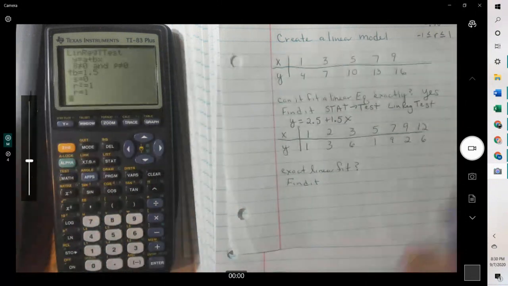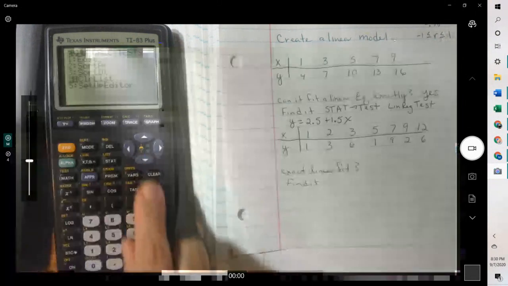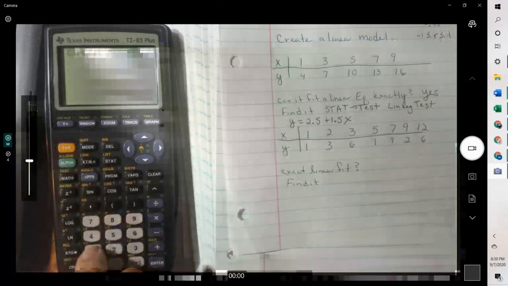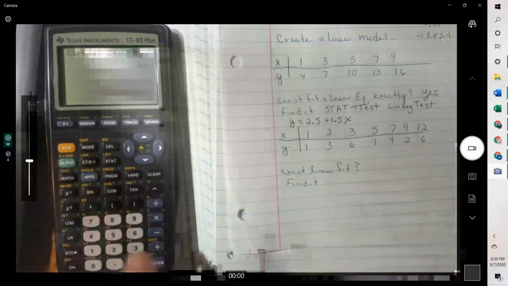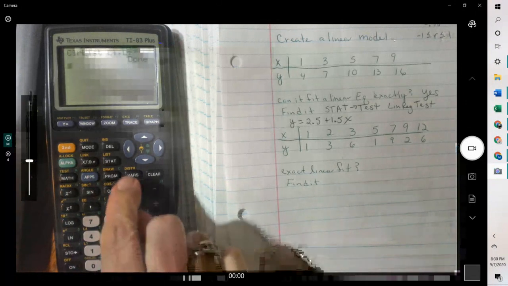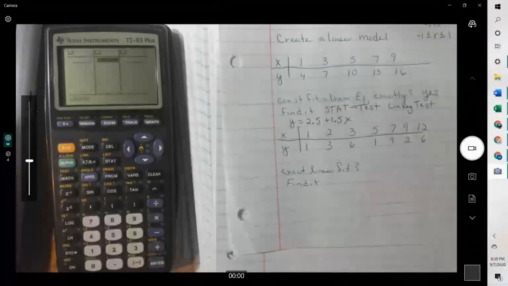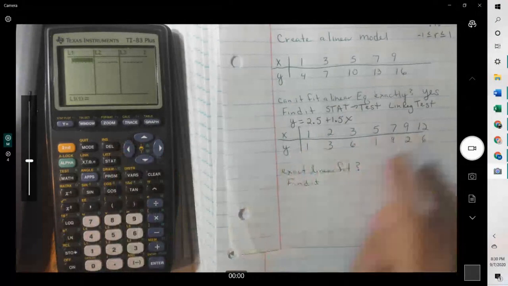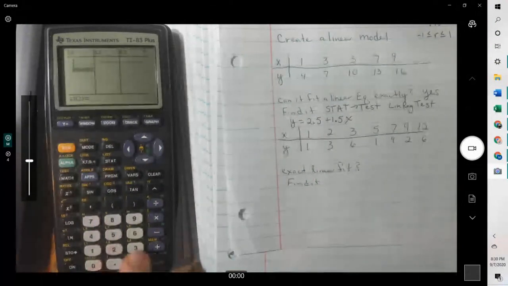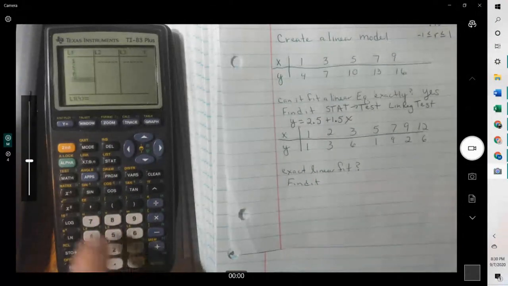Okay, let's try the next one. So we'll hit clear. I'm going to delete my list first, L1, comma, 2nd L2, and hit enter. So then when I go back in, the list's gone. And I can enter these. 1, enter, 2, enter, 3, enter, 5, 7, 9, and 12.